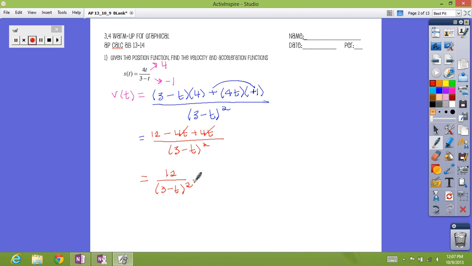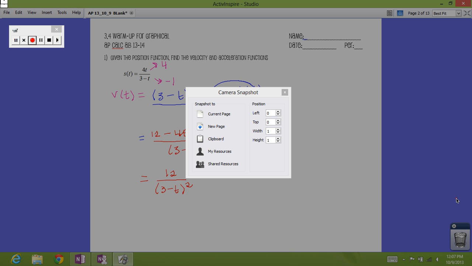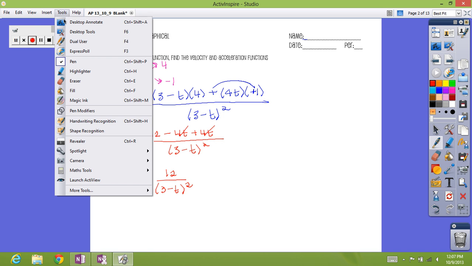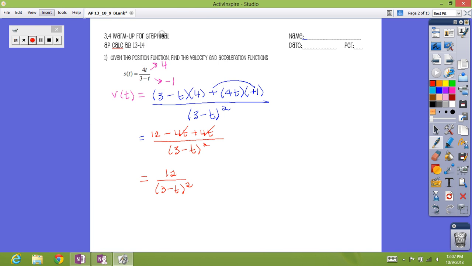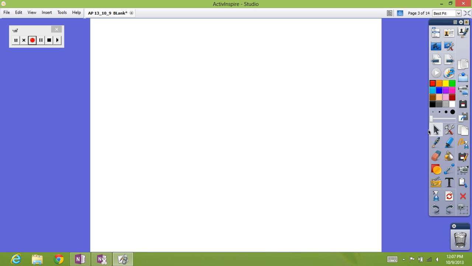And the next thing I'm going to do is ask for acceleration. Problem is, for acceleration, I'm going to need to take this guy and use it to find the derivative. So there he is. This is my velocity.